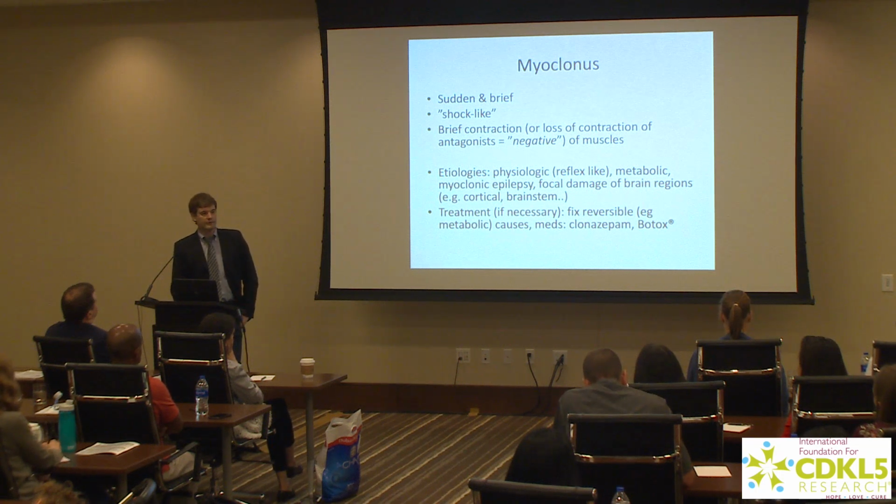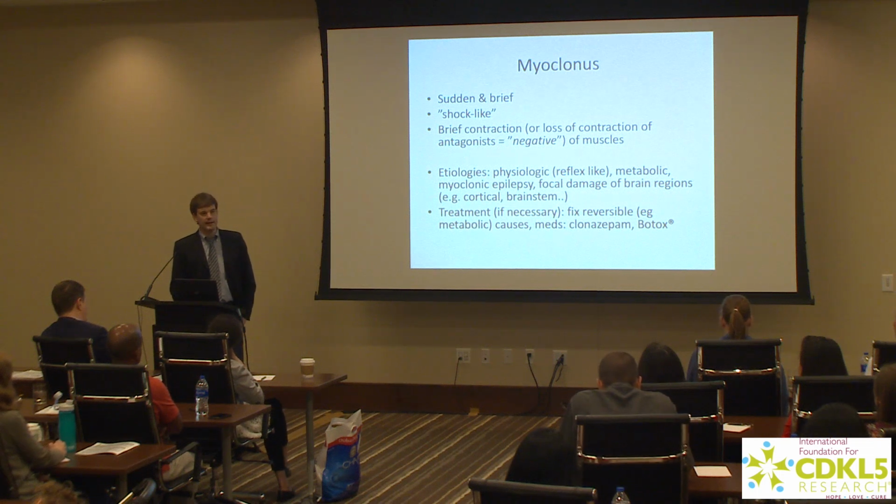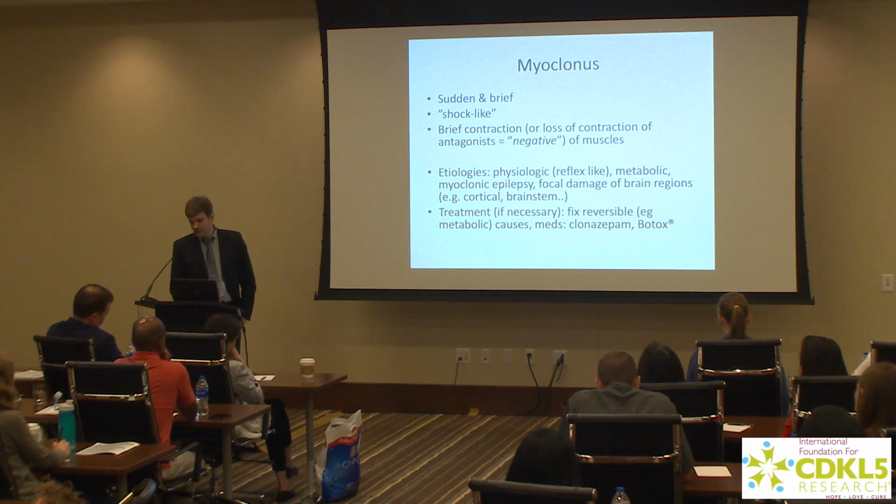It's really important, I think, for CDKL5 and Rett syndrome and so on, to know that myoclonus can come about for a huge variety of reasons. Certainly not all myoclonic activity is seizures. There is myoclonic epilepsy, obviously, but it can be physiologic, just the state of the muscle. It can be because of metabolic derangements, not so pertinent to us.